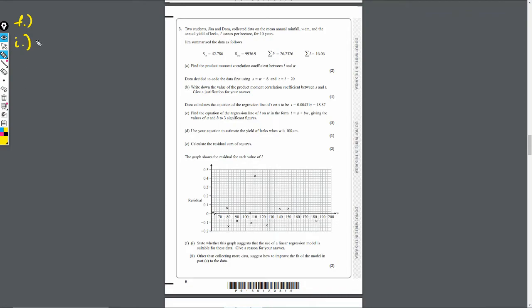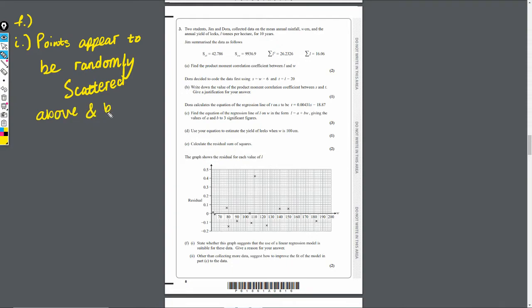So what we'd say here is that the points appear to be randomly scattered. And because they're randomly scattered above and below 0, that gives us no reason to doubt the suitability of a linear model.